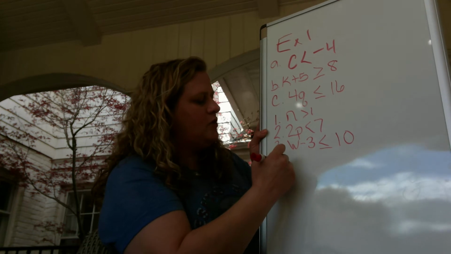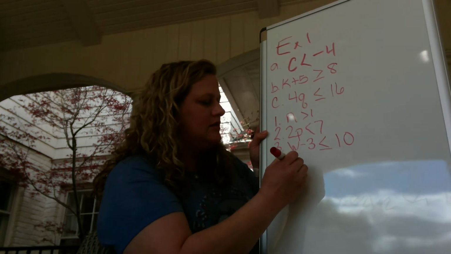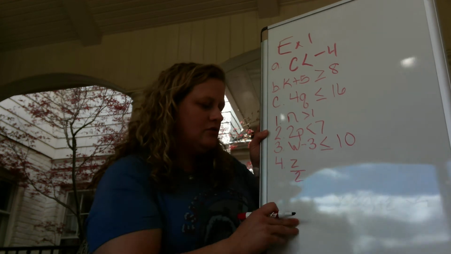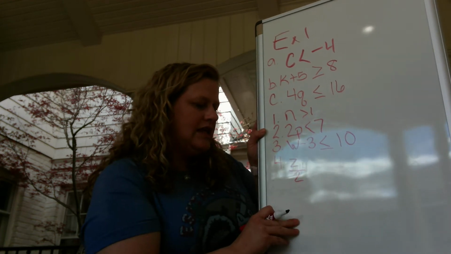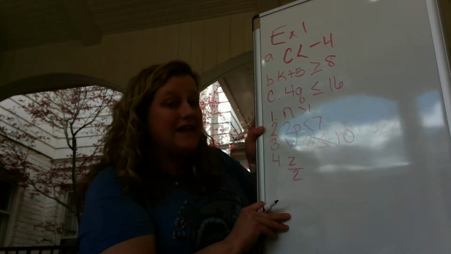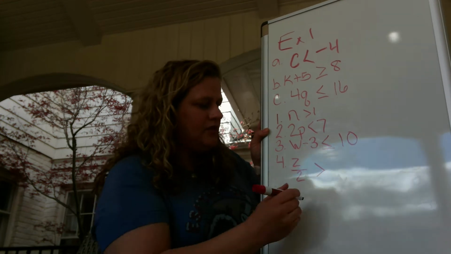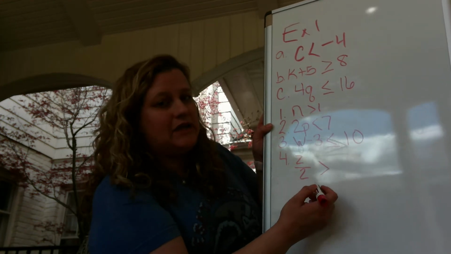And number 4, a number z divided by 2 is at least 6. So it might equal 6, but it could also be greater because it's at least 6, it can't be any less.